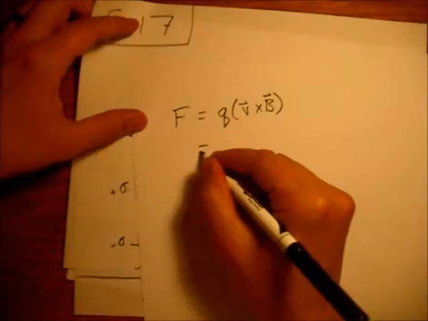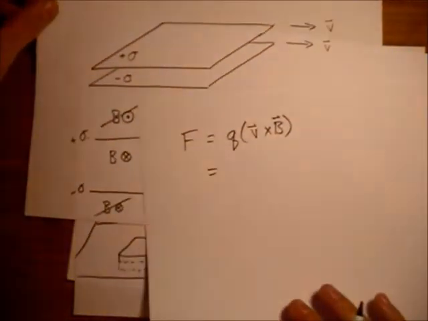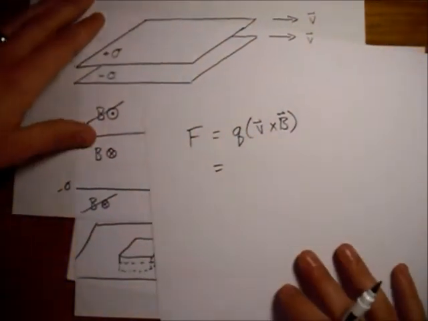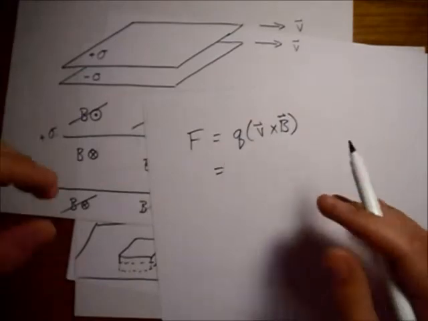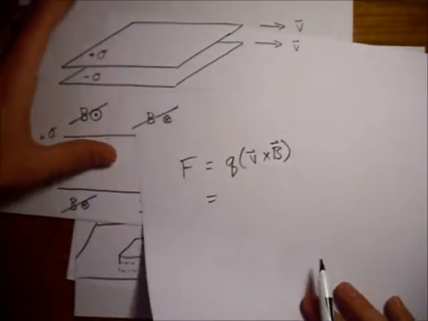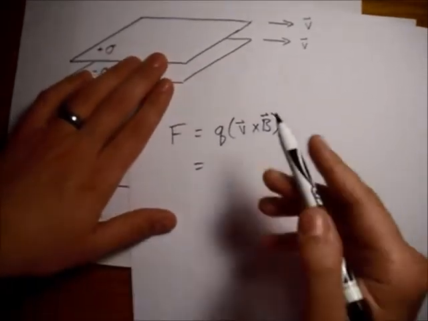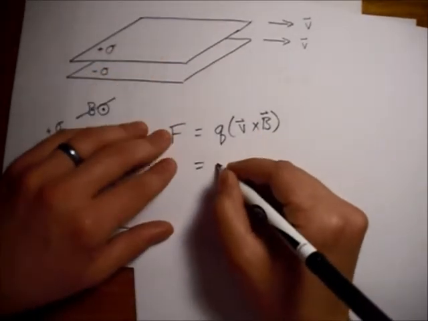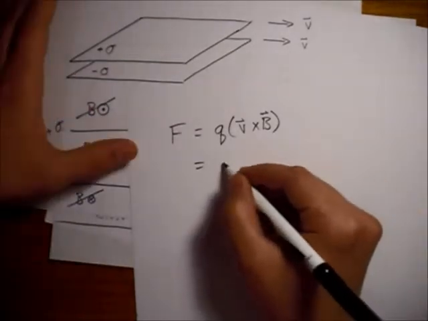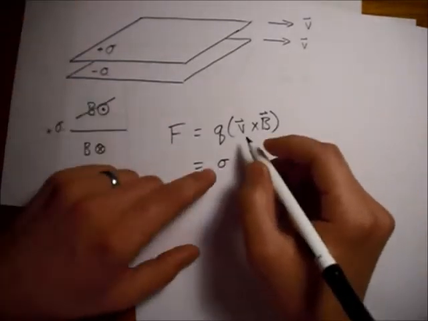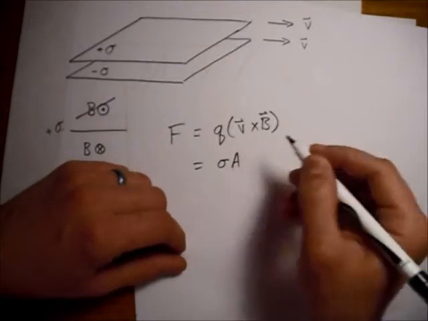What is Q? Well, we're going to have to look at some area, right? Some area of this surface charge density. And so Q is just going to be equal to sigma multiplied by that area.